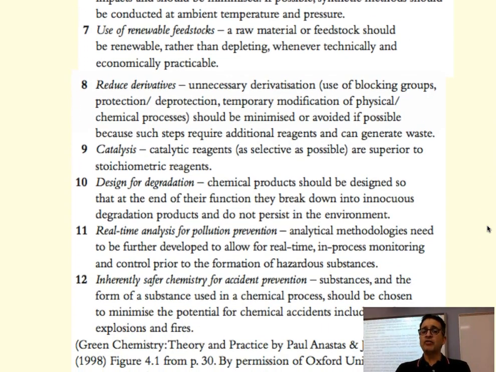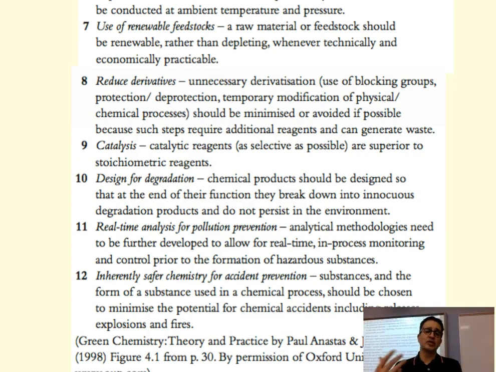Reduce derivatives. If you can keep it to be just one particular compound rather than having to put different groups on it and try to modify it too much, that's actually going to be easier. Use of catalysts. Catalysts will make a reaction happen multiple times, rather than having to use stoichiometric amounts. If you need 1-to-1, that's not great.